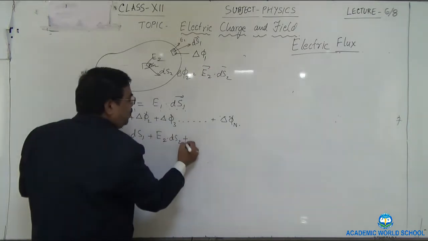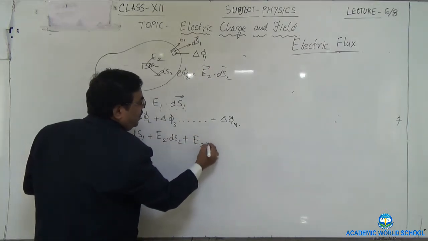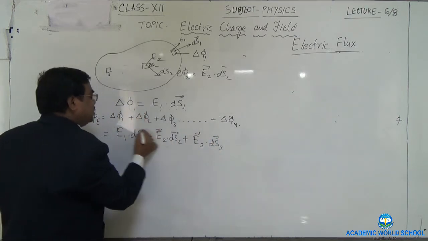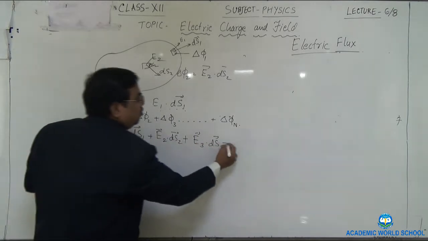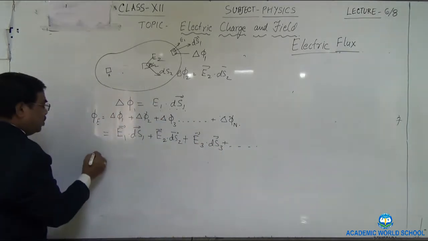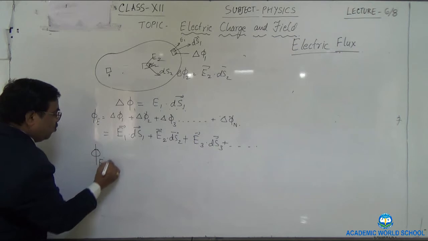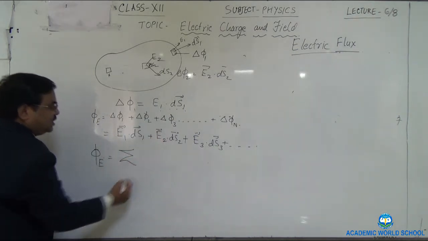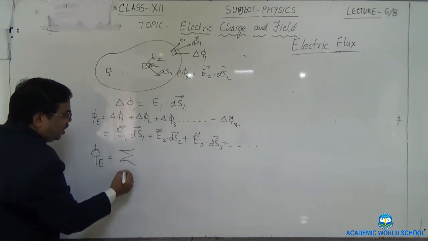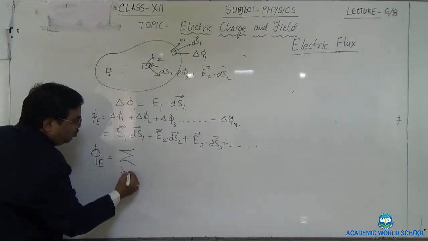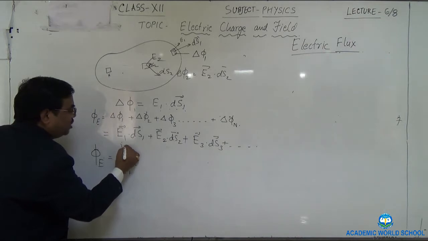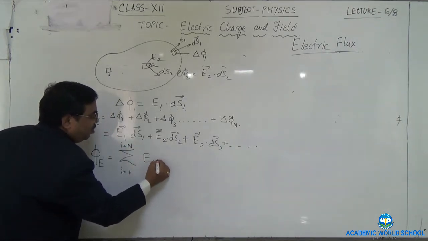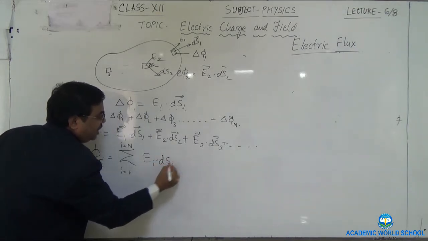So keep adding E3 dot ds3, they are all vectors, don't forget. So net flux will be the sum of all this. I can write it with the summation sign, sigma from i equal to 1 to i equal to n of Ei dot dsi.